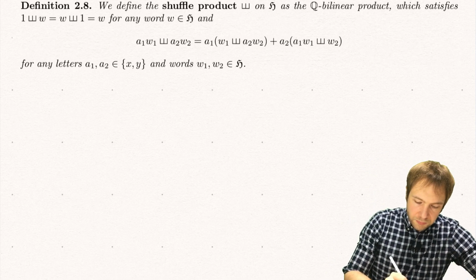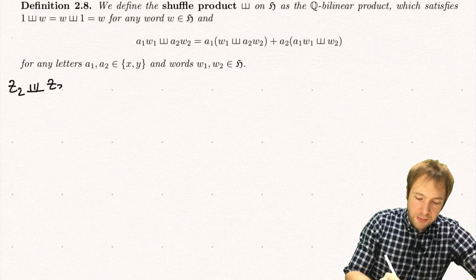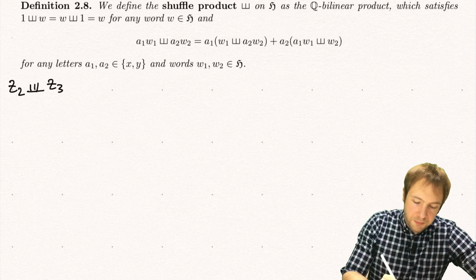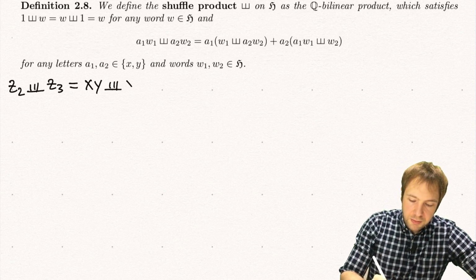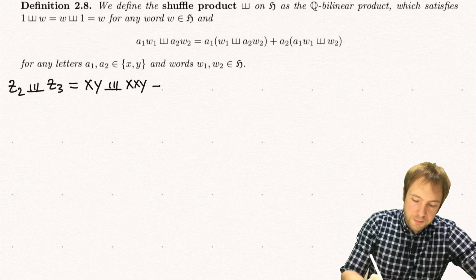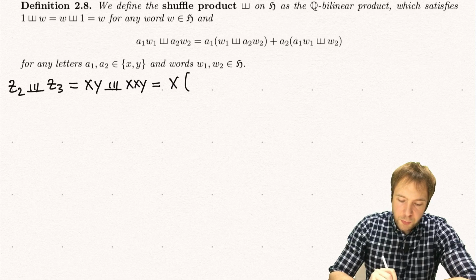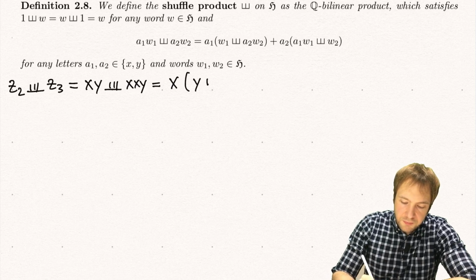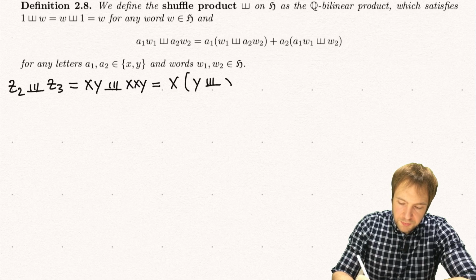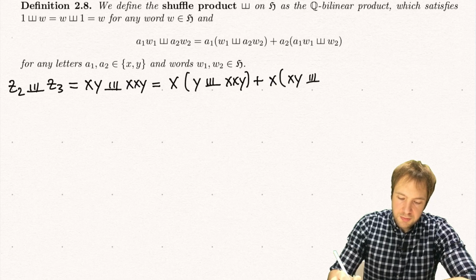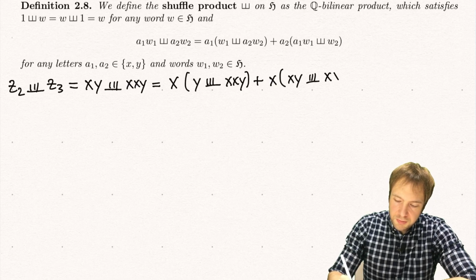So again, this example here, the shuffle of Z2 and Z3 means I have the shuffle of X, Y, and X, X, Y, and now by definition I remove the X of the first word and consider the shuffle of this with the rest, plus I remove the X from the second word and consider the shuffle of this.